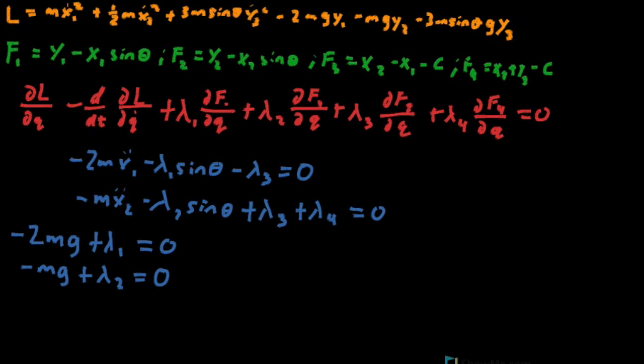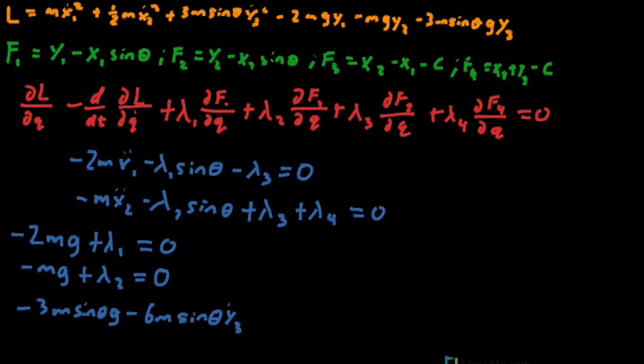y3 is the most complicated one. We know that the partial of L with respect to y3 is going to be minus 3m sine theta g. And then we subtract the full time derivative of partial L partial y3 dot, and partial L partial y3 dot is 6m sine theta times y3 dot.